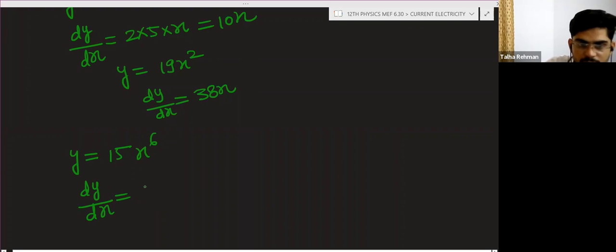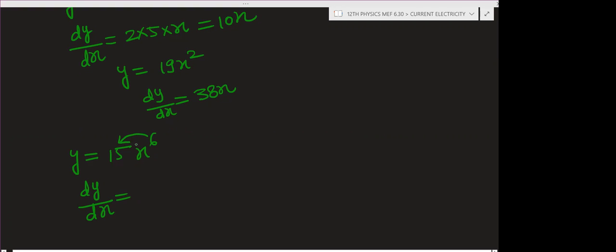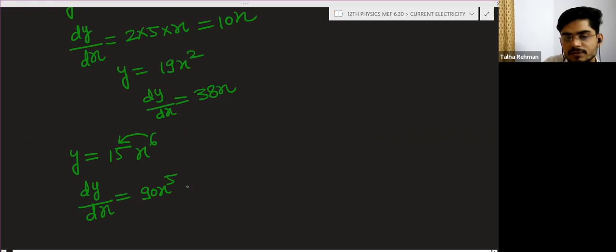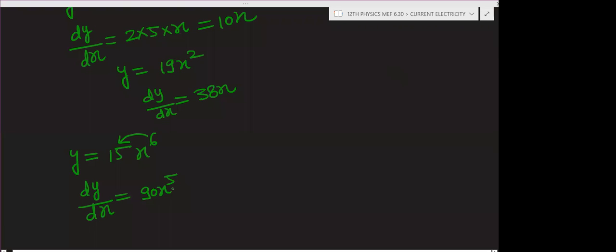Actually, in this type of question, you should first multiply this 6 with 15, so it's 90x raised to 5. Matthew, is your answer the same? Yeah, 90x raised to 5. Fine.